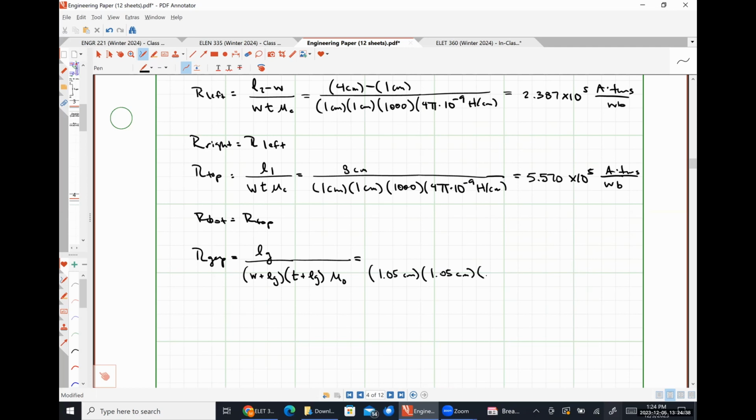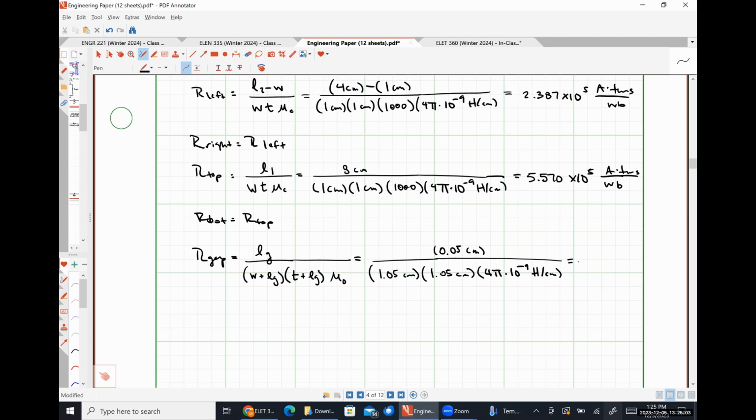Then I have mu naught, which is 4 pi times 10 to the minus 9 henries per centimeter. And then up here, I have 0.05 centimeters. I've chosen to express everything in terms of centimeters so that we've been consistent with what we've been doing, so that our units will work out the exact same way as they have been.